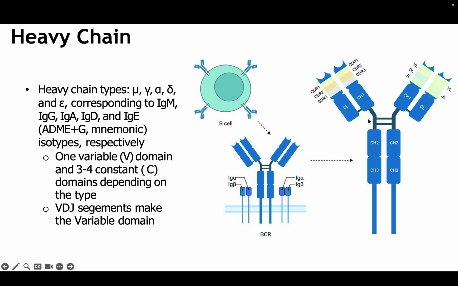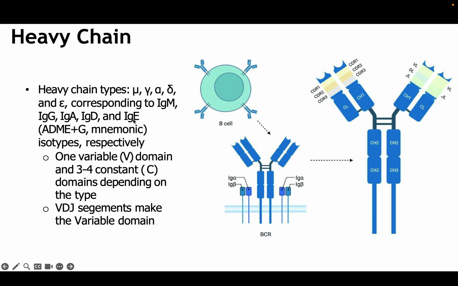Then in the constant region of your heavy chain, this is where we have the 5 different types. We have IgM, IgG, A, D, and E. So it depends on the chain type. If we have a mu constant heavy chain, that gives you IgM. If you have a gamma, it gives you IgG, alpha IgA, delta IgD, epsilon IgE.